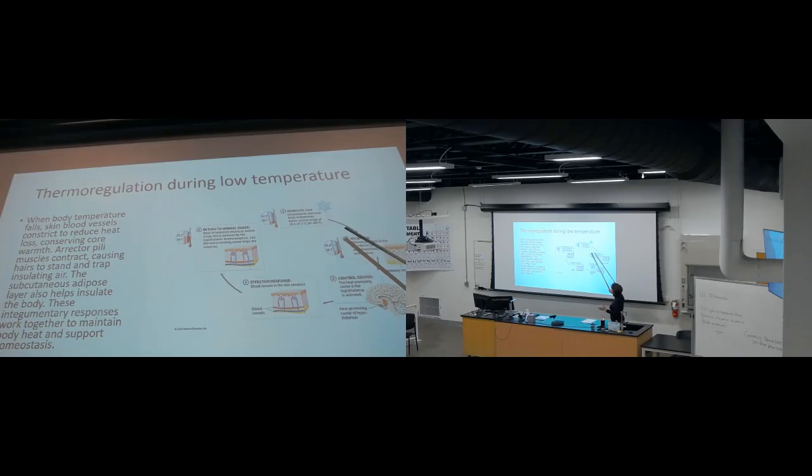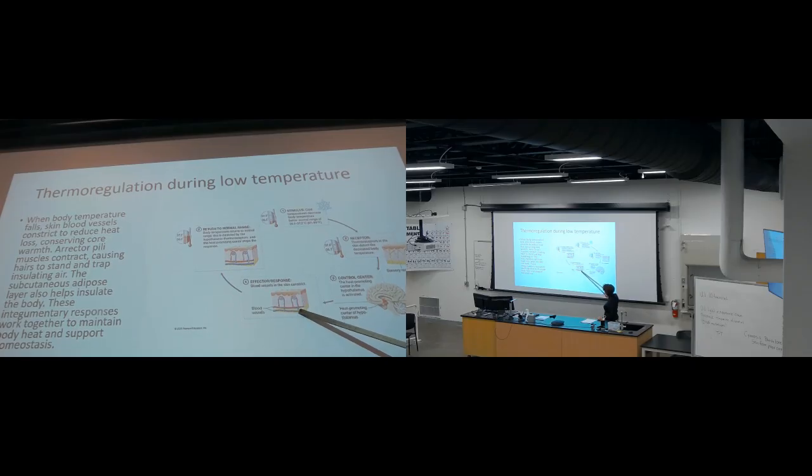In this case, just as before, we have thermoreceptors in the skin that can tell when temperature is high or low. In this case, it's low, 36.1. Then these sensory receptors send a signal to the brain, to the hypothalamus, which sends a signal to your blood vessels so you don't have as much blood supply.